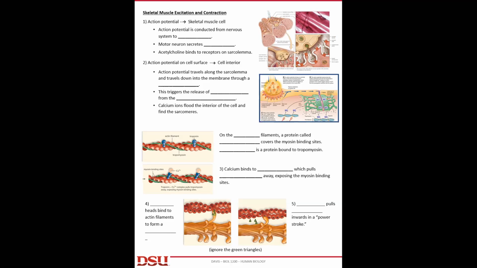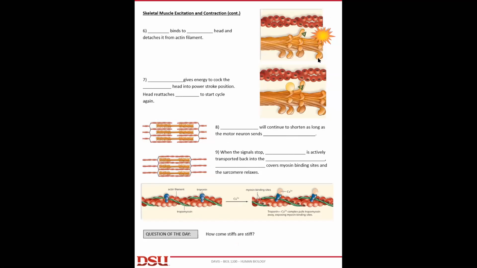Now those myosin binding sites are accessible. And so then the myosin heads at the binding site will attach to the actin filaments to form something called a cross bridge. Then the myosin, quote unquote, pulls the actin inward for a power stroke, just like our contraction.